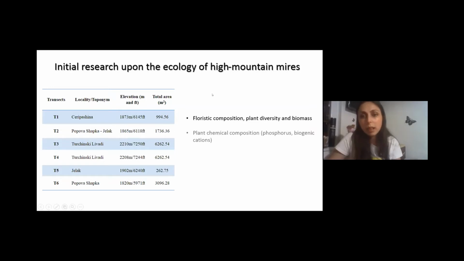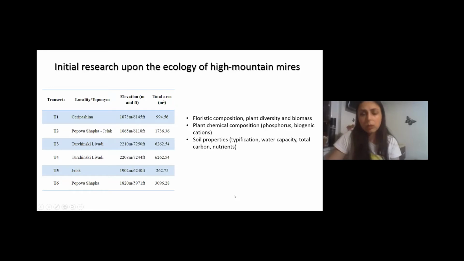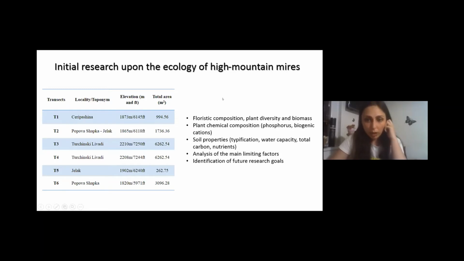The goals I set were floristic composition, plant diversity and biomass, plant chemical composition, including phosphorus and some biogenic nutrients, soil properties, including typification, water capacity, total carbon and nutrients, analysis of the main limiting factors, and some identification of future research goals.